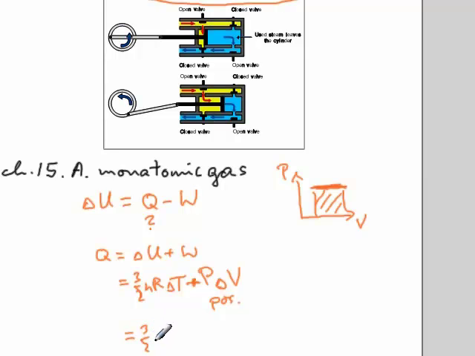So I'm going to do 3/2 nR, and then instead of delta T, I'm going to write P times delta V divided by nR, and I'm allowed to do that because the pressure is the same and the volume is the only one that changes, and then plus that P times delta V.